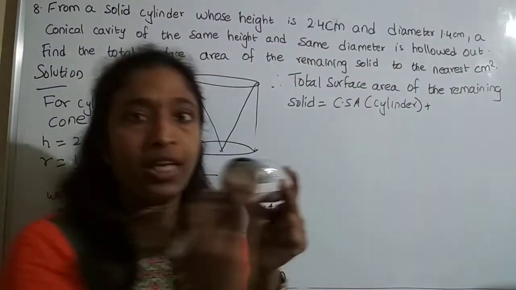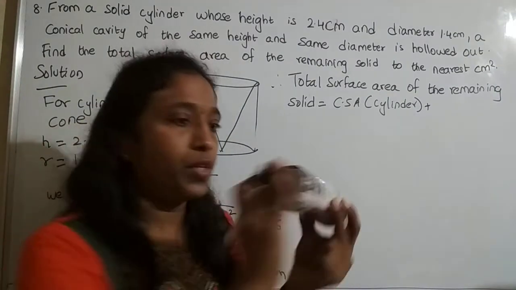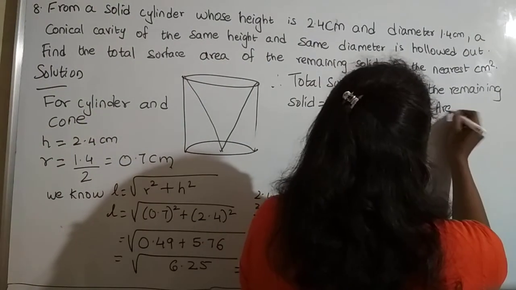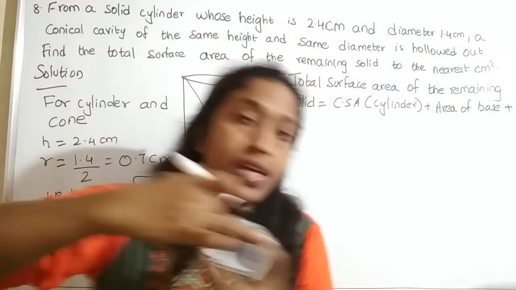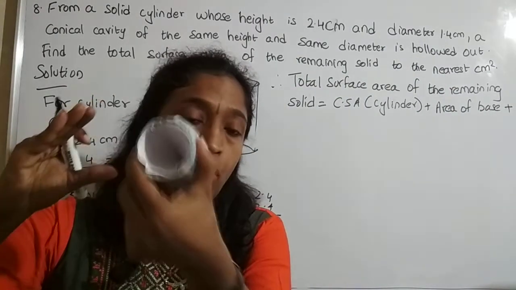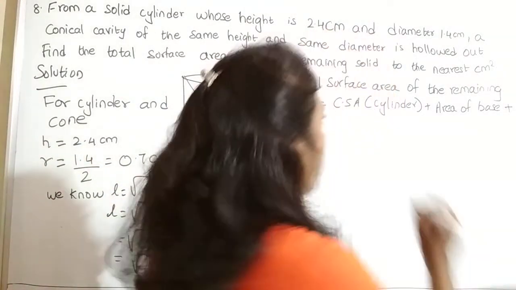Then we need to paint the area of the base, only from one side it is covered. Plus inside we have a conical shape, so what will remain? The cone, so the CSA of the cone.